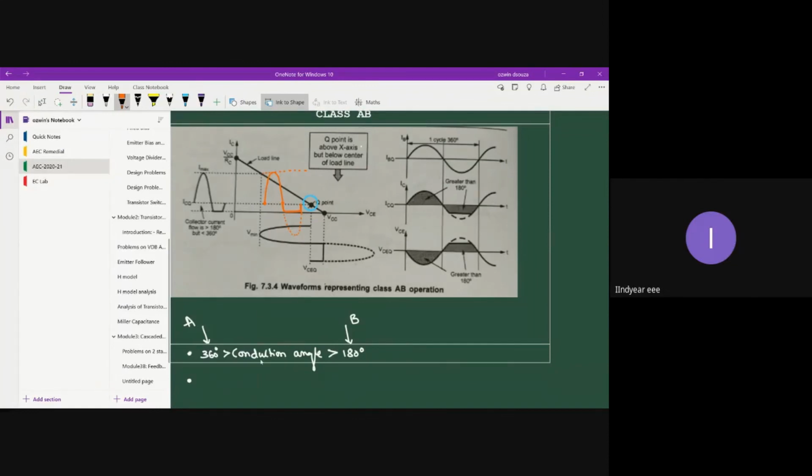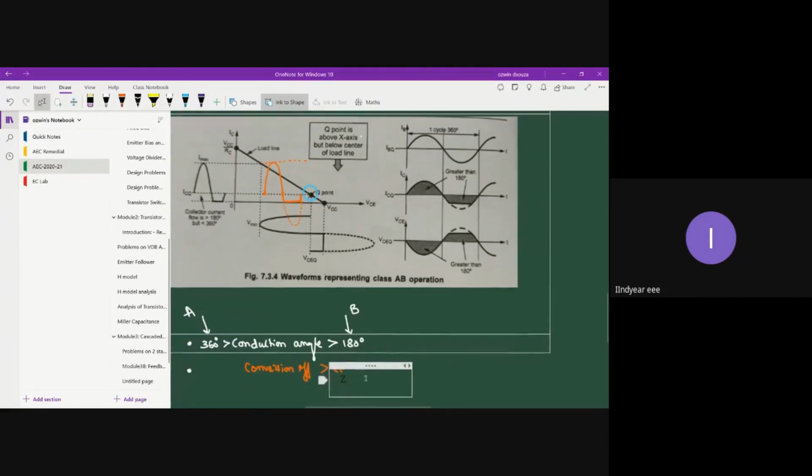Okay, so that's the reason your conversion efficiency is going to be greater than class A. Sorry, let me write it in this way.